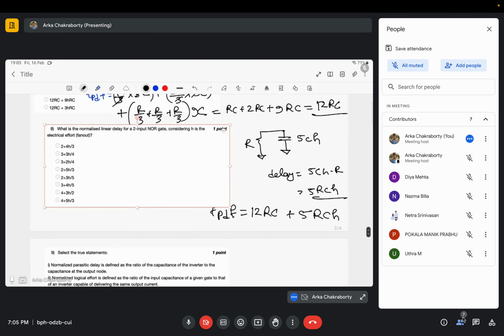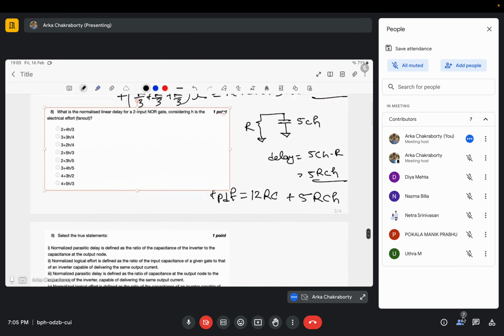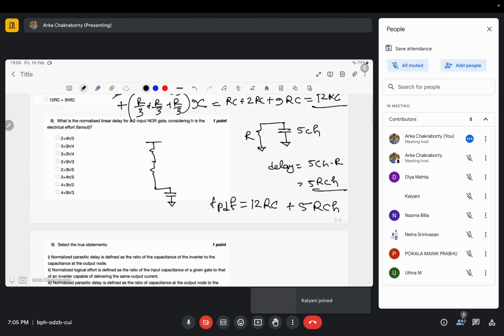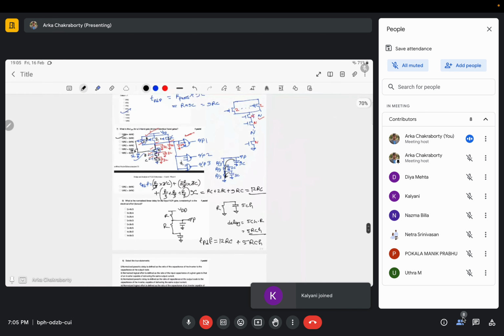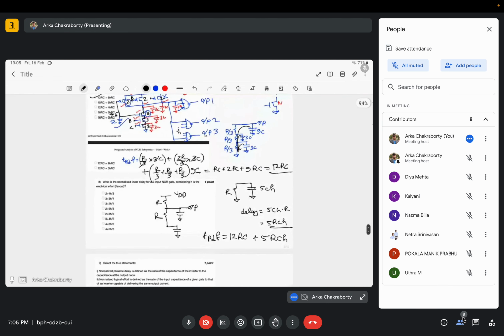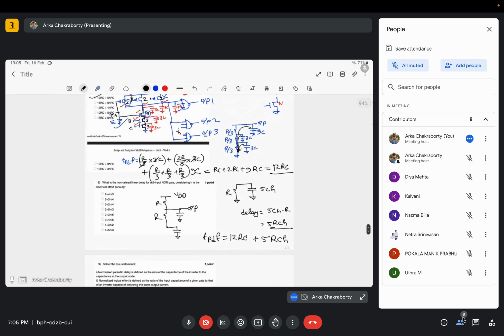See, let me also do it for the rising propagation delay. It would have come something like this. This is output, this is VDD, this is R, this is R. So if you solve it, it is R by 3, it is 9C, it is 3C.